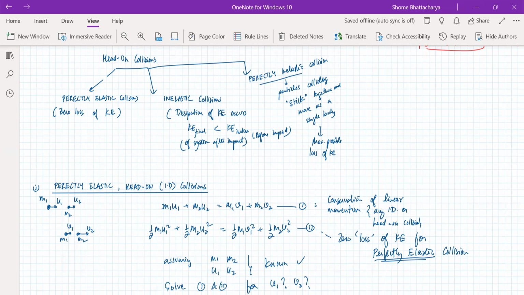So just note down the different classifications and the two equations so far, coming from the two conservation principles: conservation of linear momentum, and, because the collision is perfectly elastic, conservation of kinetic energy. Then we will discuss how to solve these, because the solving is a little bit tricky. It is not a system of two simultaneous linear equations; the second equation is quadratic in V1 and V2. So we have to apply a little bit of a trick. Just write down up to this step first.